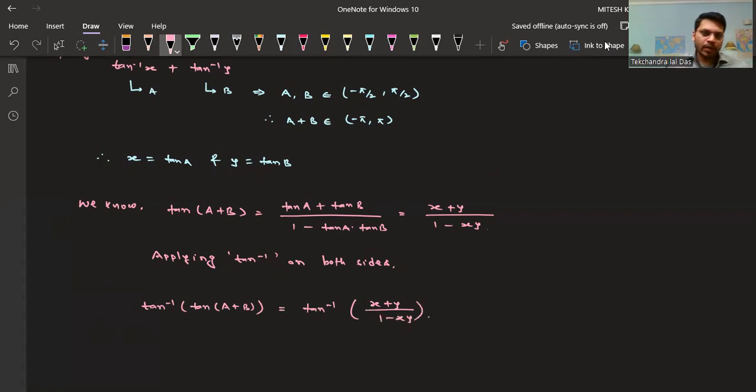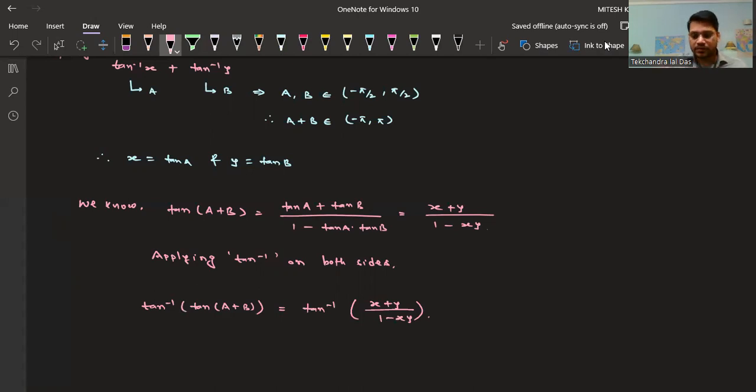But see, simply we can't write here a plus b. We know tan inverse of the tan function is not simply x. That depends upon the graph and branches, on which branch this value will lie.